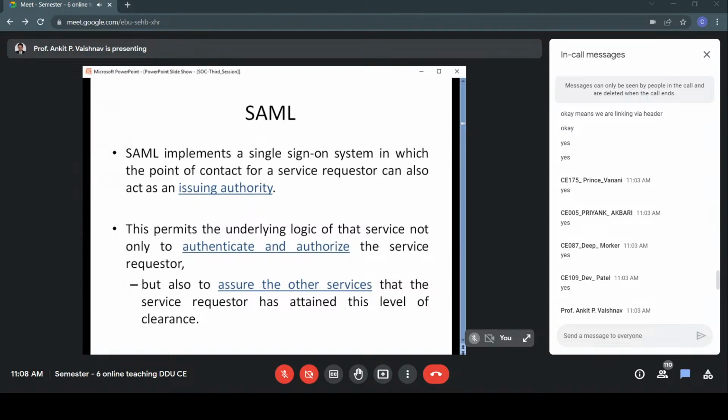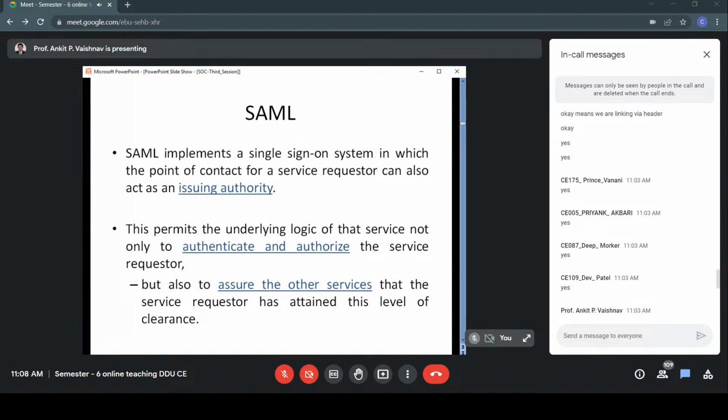What it knows is, I'm sending an invoice, and I'm sending the invoice to the account service. Agreed? So the account service has to decide: should I do the authentication or should I delegate that job to the other? Got it? So it depends upon how we are designing the architecture.